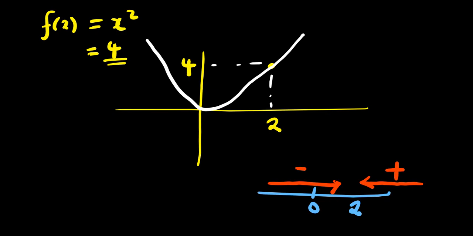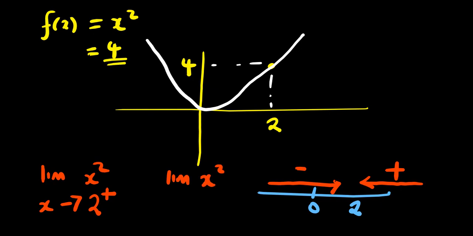So how are you going to write that? The way you're going to express that is, if you're going to find the limit, you're going to say the limit of x squared as x is approaching 2 from the positive side. And you can also approach 2 from the negative side: the limit of x squared as x is approaching 2 from the negative side.